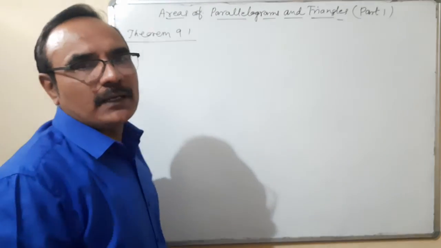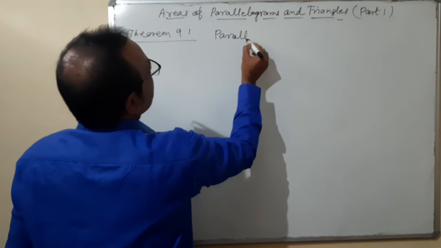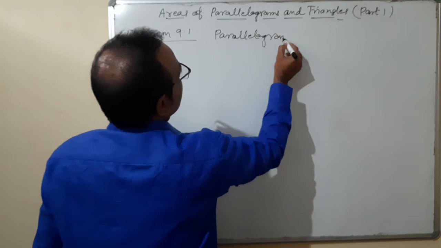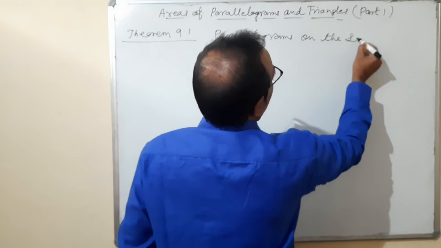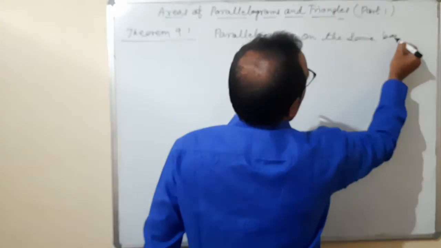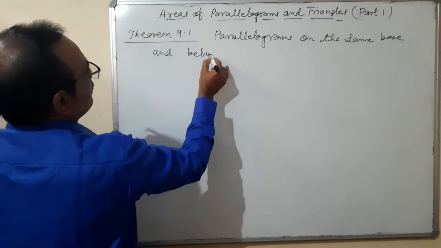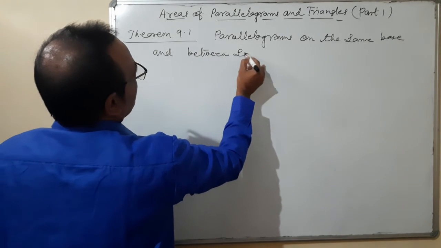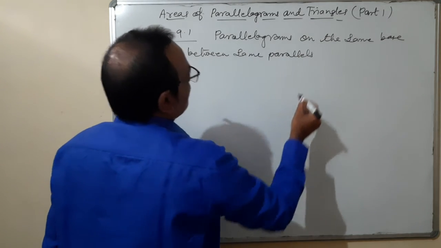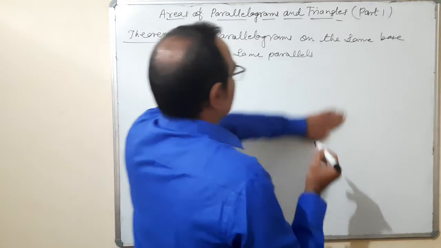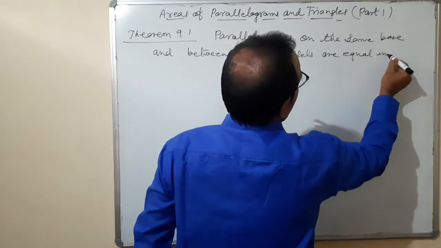The theorem is: parallelograms on the same base and between same parallels are equal in areas.